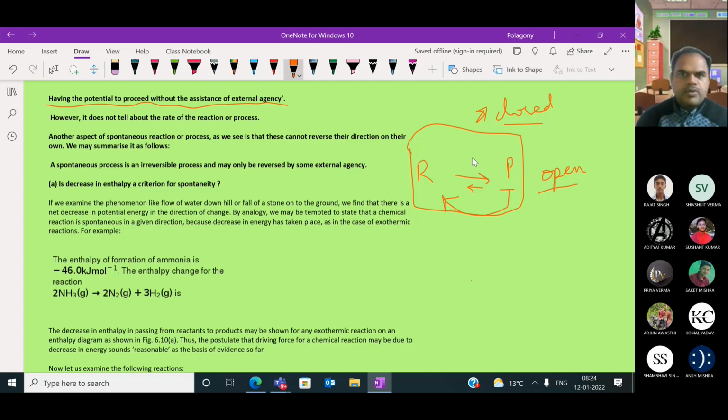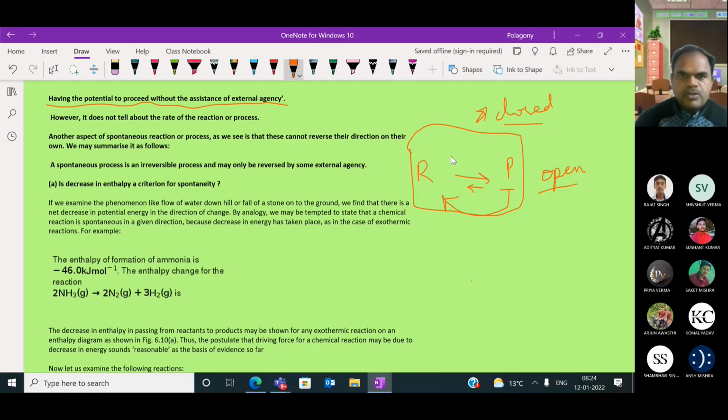Are you listening to me, what I'm talking about here? So two types of reactions I'm talking about. One is the irreversible process, the other is the reversible process. Most of the irreversible reactions are spontaneous reactions.